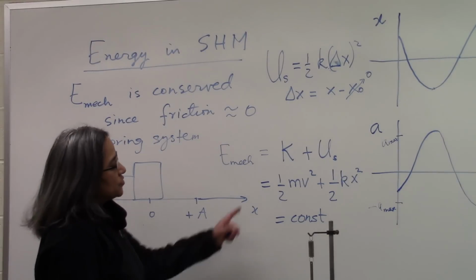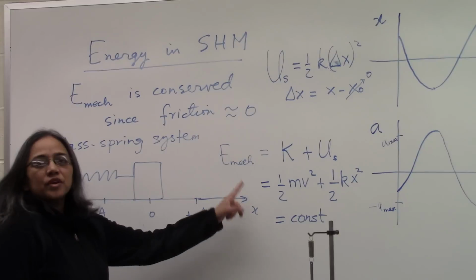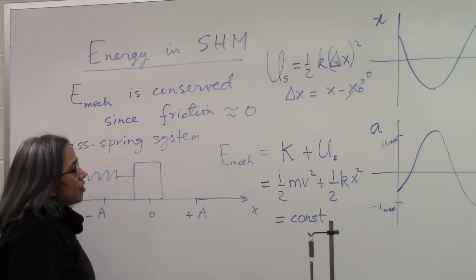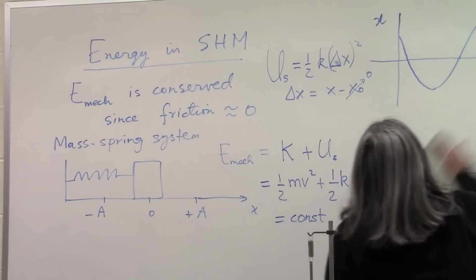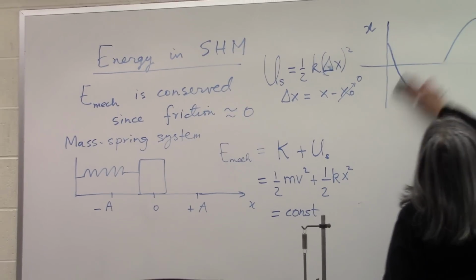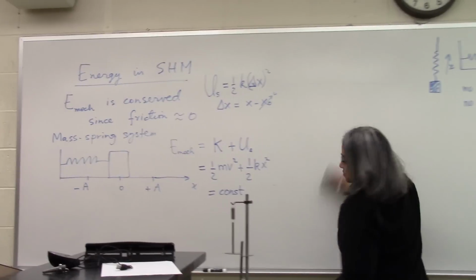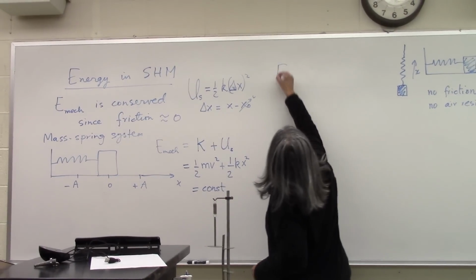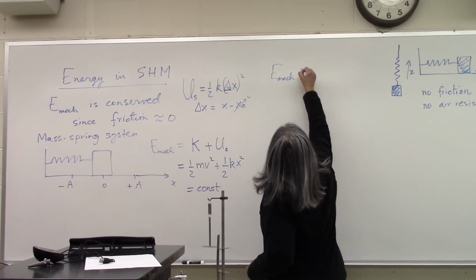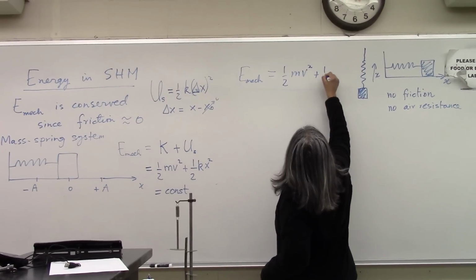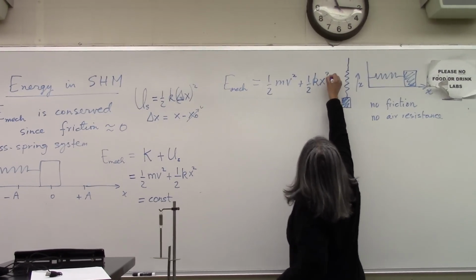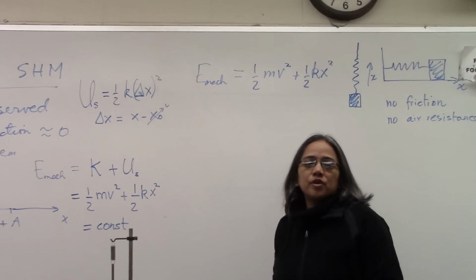So there are a number of statements we can make following from energy conservation of the oscillator, and I'm going to quickly write them down over here. We just wrote the general expression for mechanical energy, which is this. This is true at any point along the motion.